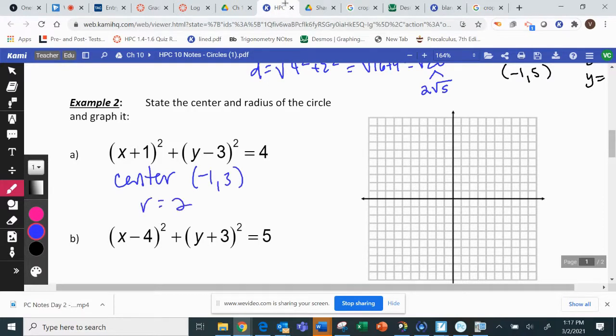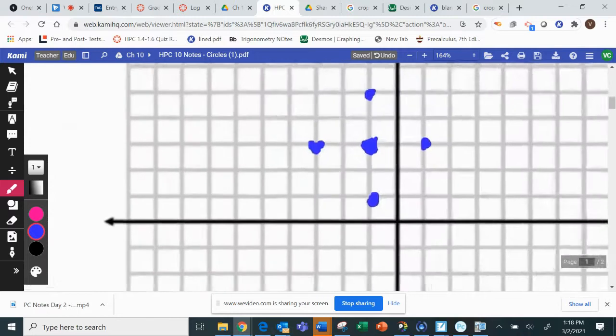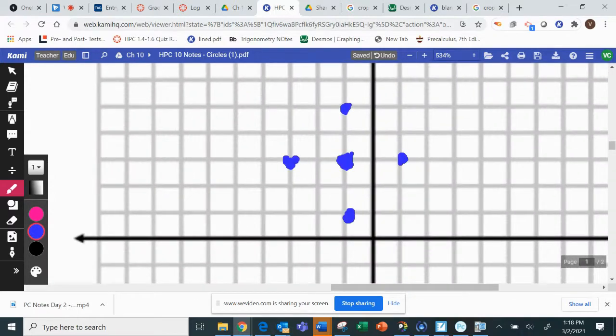So we're going to go -1, 3, and then we're going to go northeast, southwest 2. I'm just going to give you a hint about drawing a good circle on here. Besides using the software, if you don't want to use the software, and this is going to be important for other conic sections that we graph, I would suggest envisioning a box around that, where all 4 of those points would pass through.